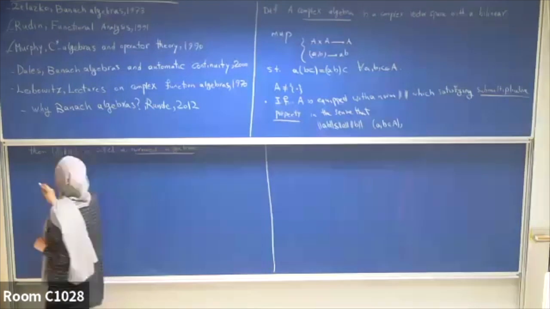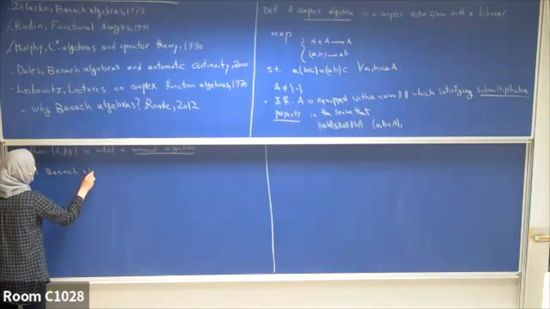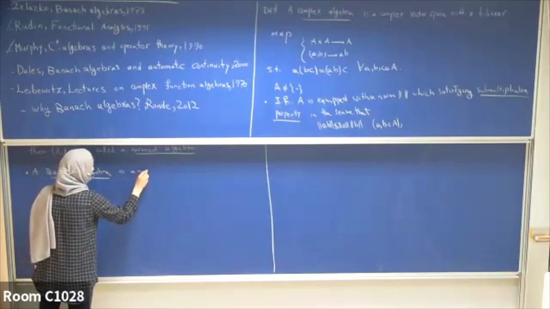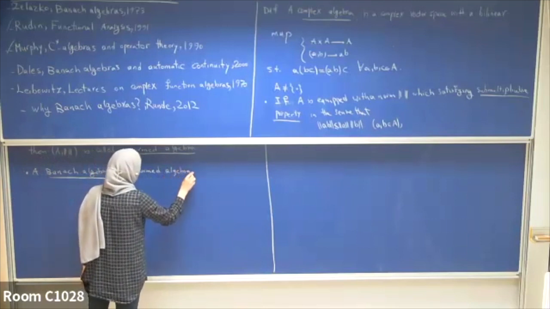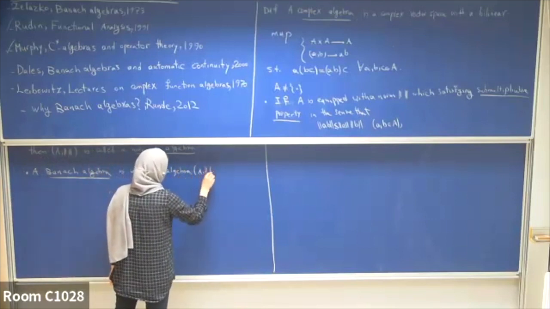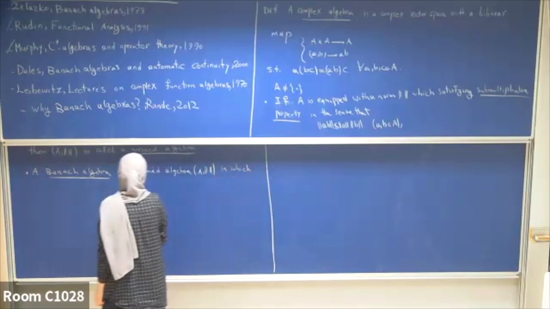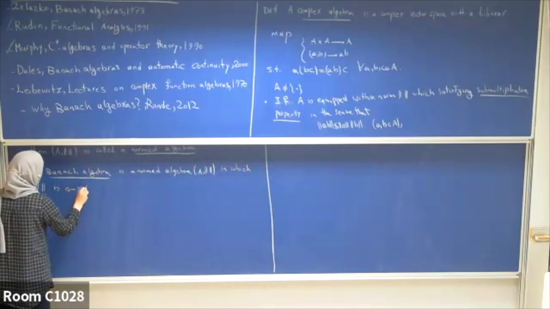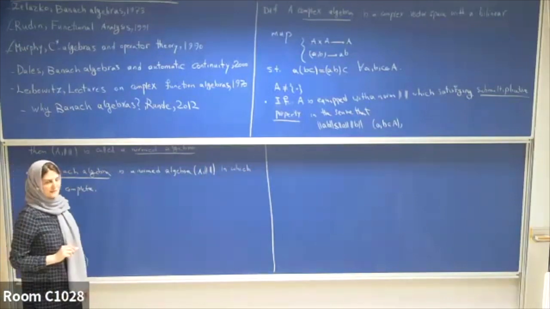So a Banach algebra is a normed algebra such that the norm is complete.